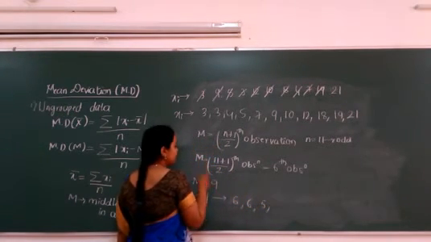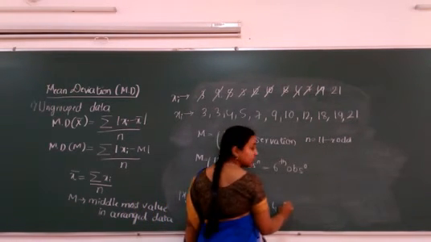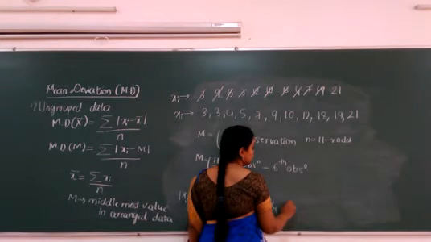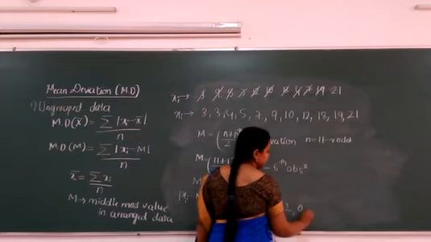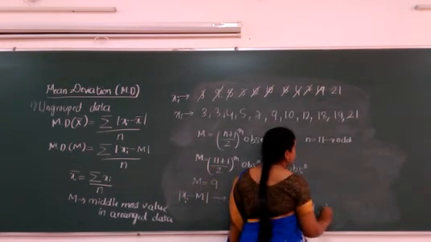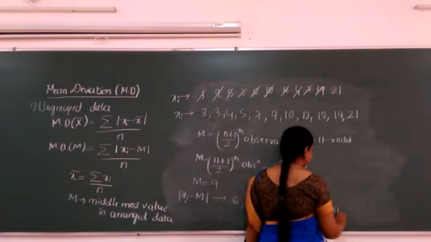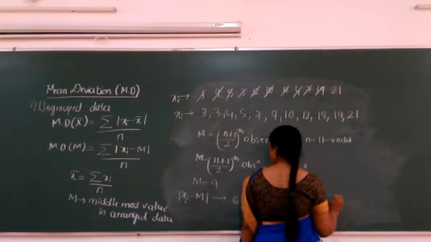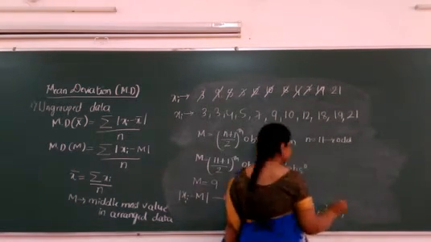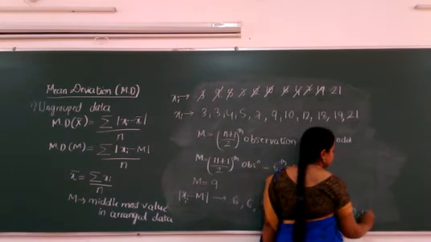Next 5 minus 9, 4. 7 minus 9, 2. 9 minus 9, 0. 10 minus 9, 1. 12 minus 9, 3. 18 minus 9, 9. Next 19 minus 9, 10. Next 21 minus 9, 12.